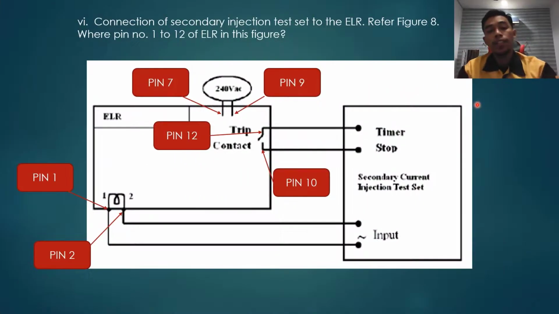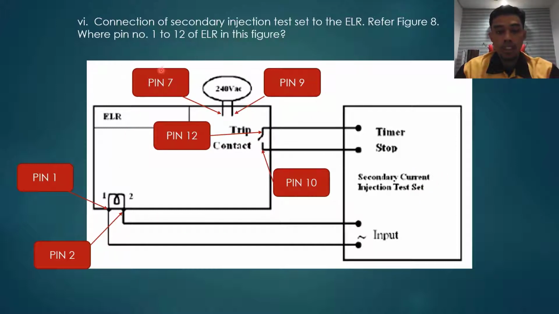The next question is the connection of the secondary injection test set to the ELR, where we can refer to figure 8. We need to determine where pin number 1 until 12 of the ELR are in this figure. So this is figure number 8. In this figure, we want to know the connection of the pins between these two components, which are the ELR and the secondary current injection test set.